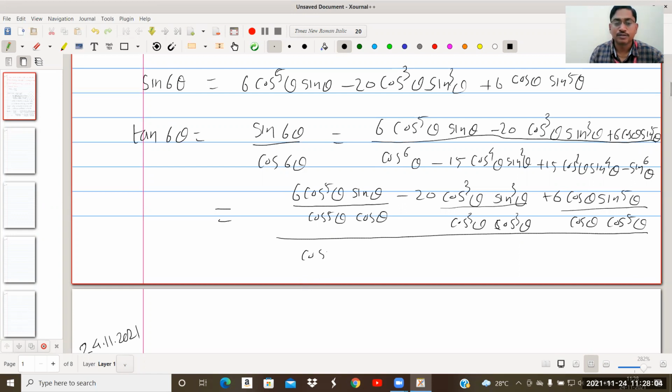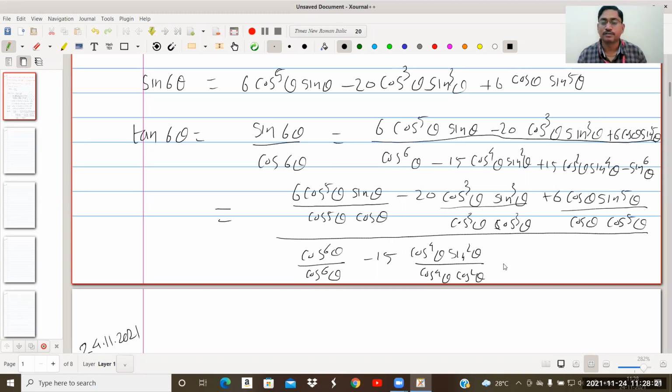The denominator is cos^6 θ upon cos^6 θ, minus 15 cos^4 θ sin^2 θ divided by cos^4 θ and cos^2 θ, because we are dividing numerator and denominator by cos^6 to get tan terms. So this is the second term. The next term is plus 15 cos^2 θ upon cos^2 θ, and sin^4 θ upon cos^4 θ.